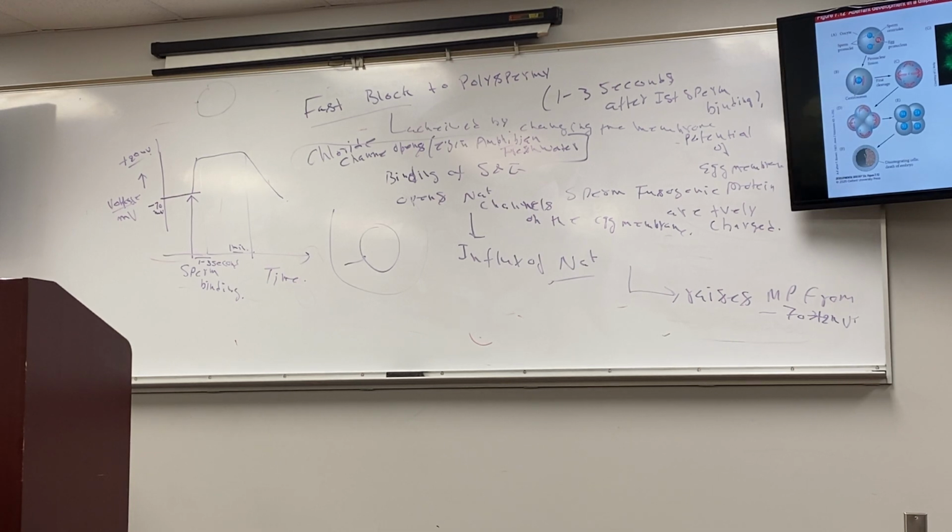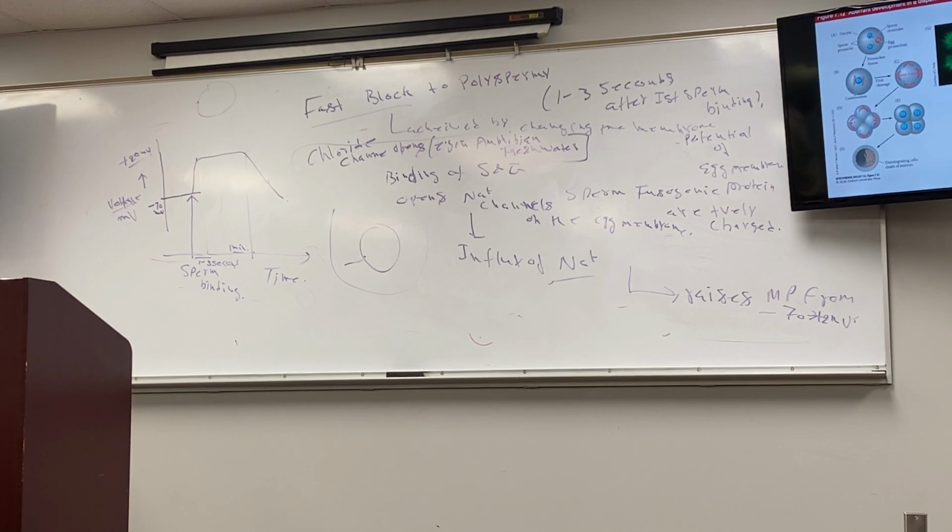What will happen? So chloride will go out of the cell, right? Chloride concentration is high in the cell. So will the inside negative charge increase or decrease if chloride goes out? It will become more positive, right?